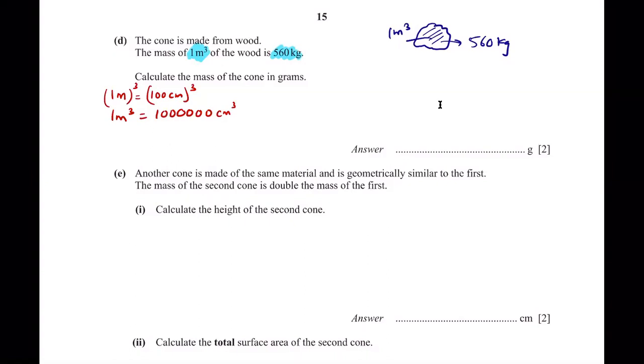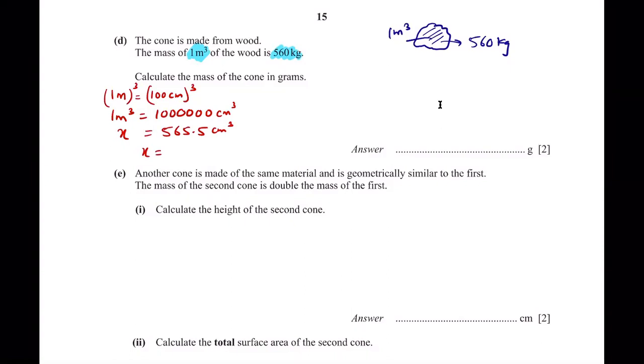Okay, so how much was the volume of the cone? 565.5, let's say. So I'm going to convert this into meter cube, and you can see that I just need to divide the value by 1 million.